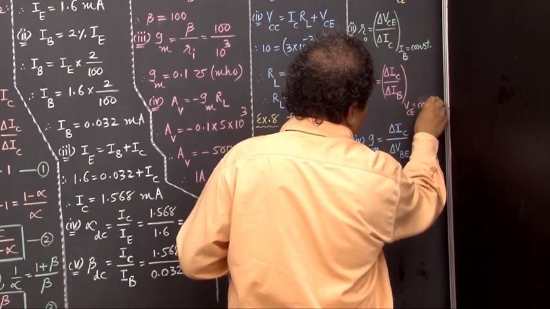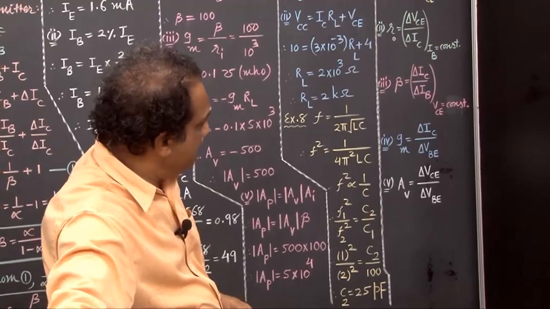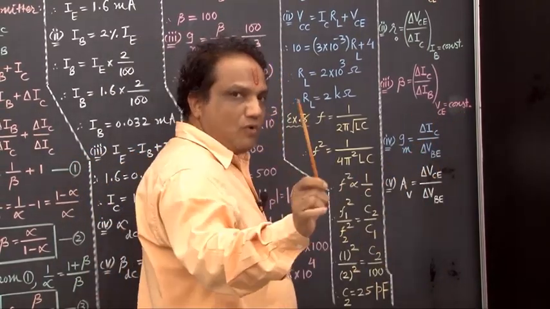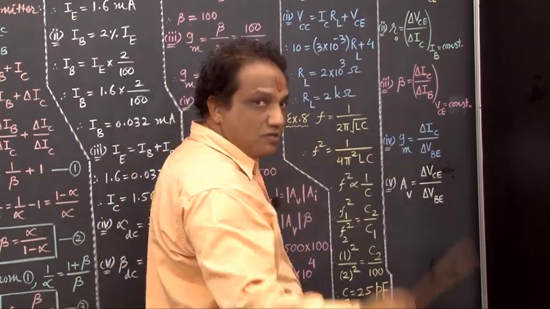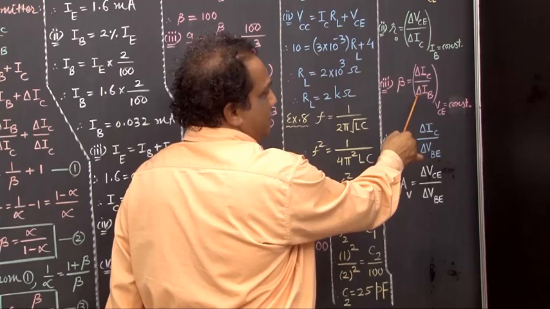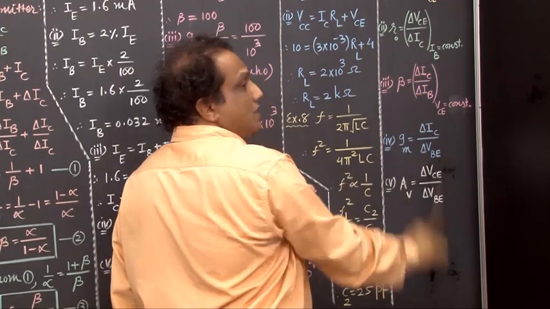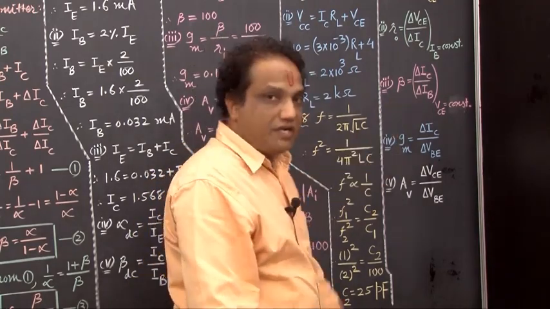Fine. Now tell me, how would you define it? Simple. At constant collector voltage, the ratio of change in collector current to the corresponding change in base current is called current gain of a given transistor, shown by symbol beta.